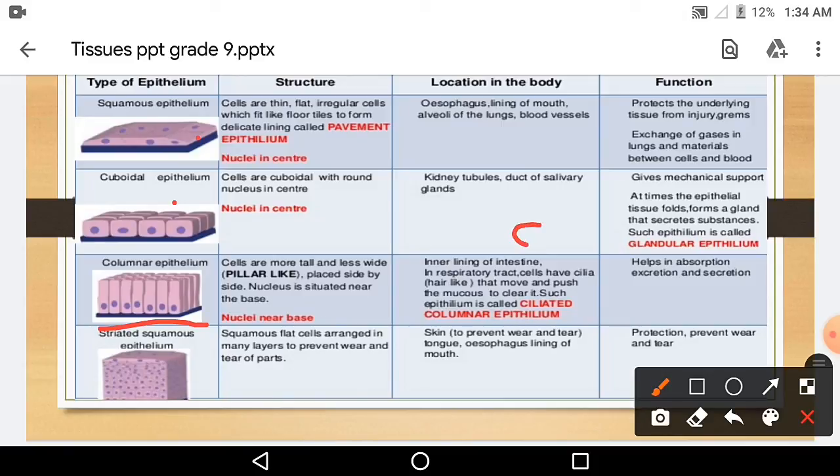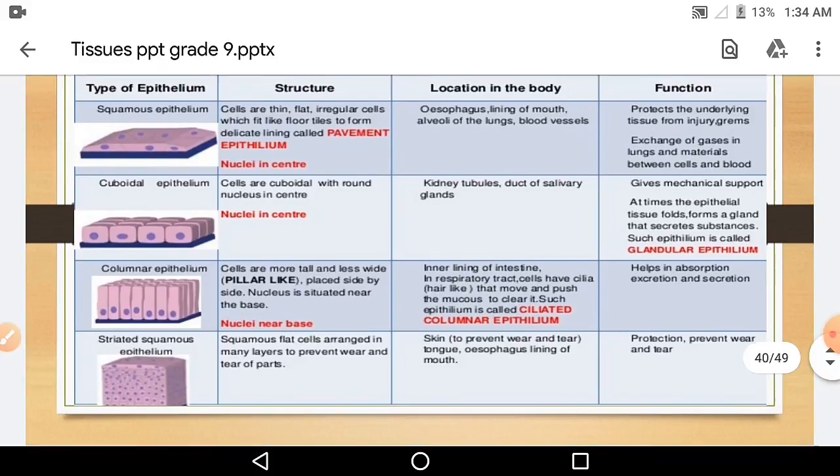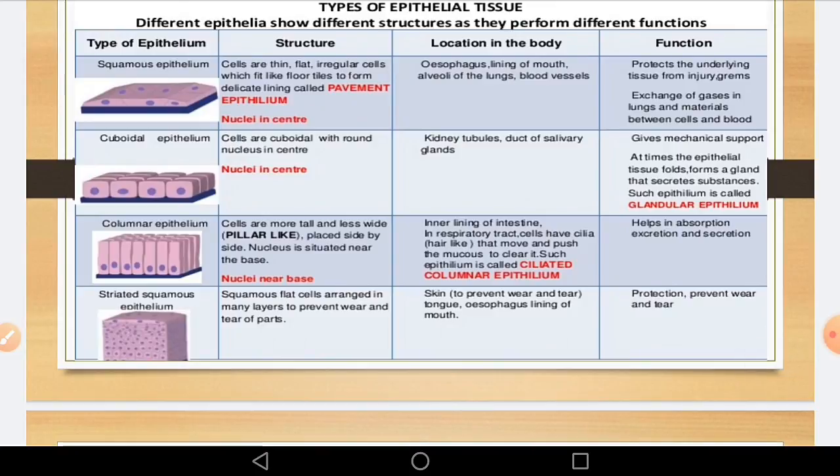Suppose this is the cell, the hair-like projections on it are called cilia. They move and push the mucus to clear it. Such epithelium is called ciliated columnar epithelium. It is columnar because of the shape, but because it has cilia, it is also called ciliated epithelium. It helps in absorption, secretion, and excretion.